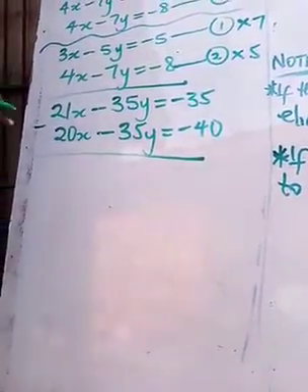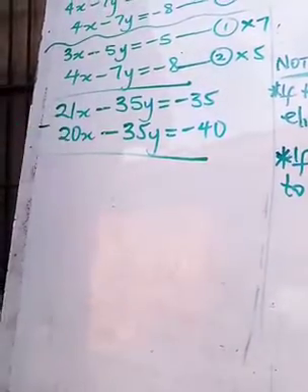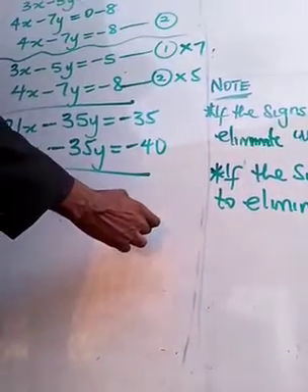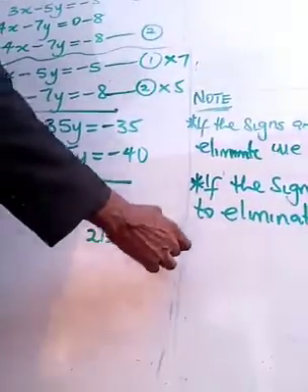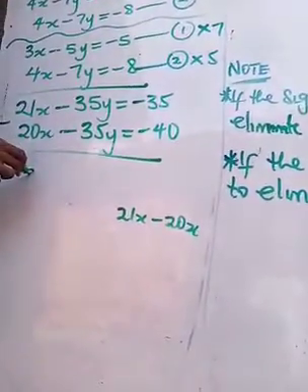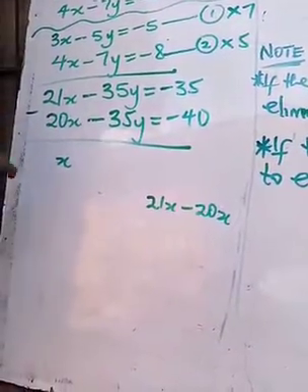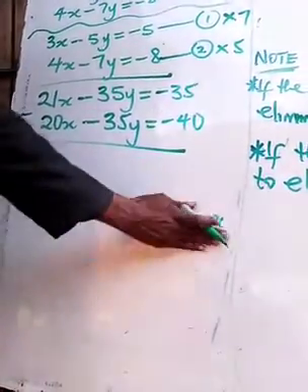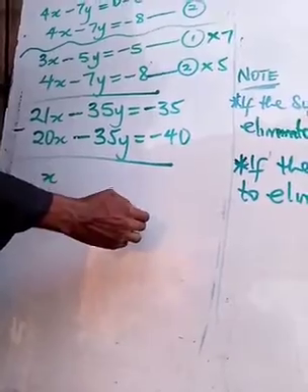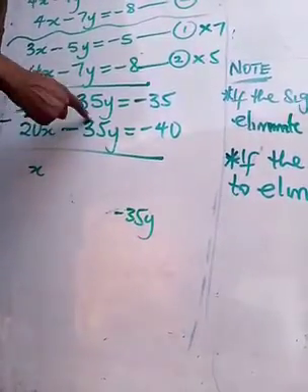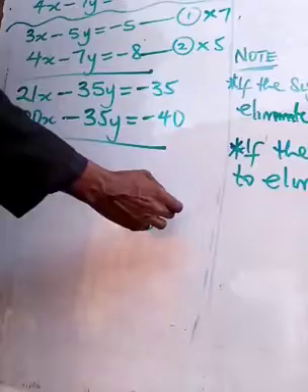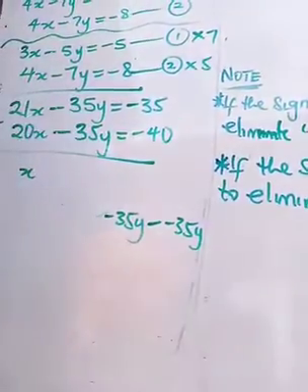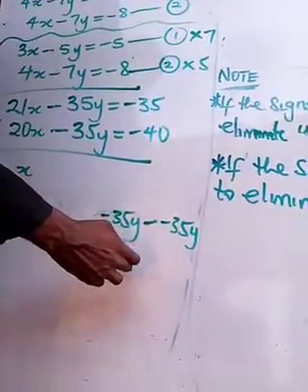So if we subtract this, 21x minus 20x. You have 21x and you are owing somebody 20x. So that means you have 1x. You don't have to put the 1. You can already see that it's just 1x. Then what about this? This is minus 35y, minus minus 35y.